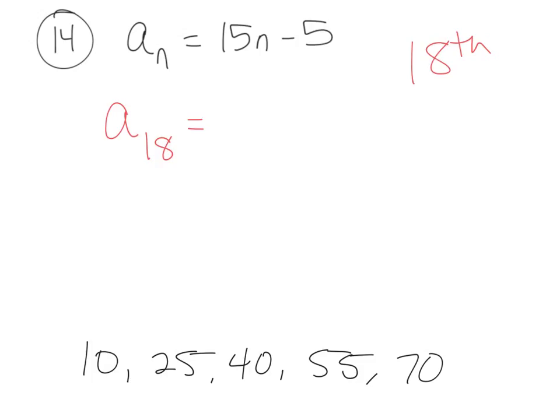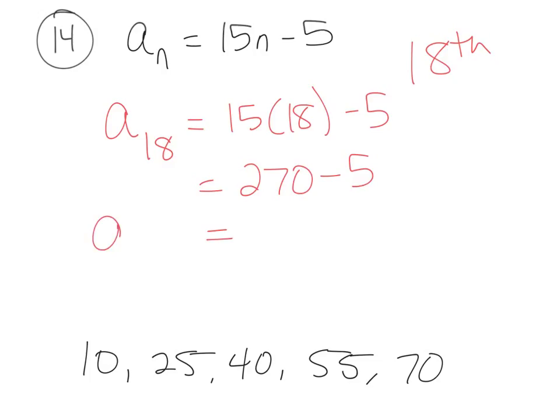Wherever I see an n, since I replaced the n with an 18, I'm going to replace the n over here with an 18. So I'm going to have 15 times 18 minus 5. So you get out your calculator and you figure out that that's 270 minus 5. So a sub 18 is equal to 265, or the 18th term in this sequence is indeed 265.